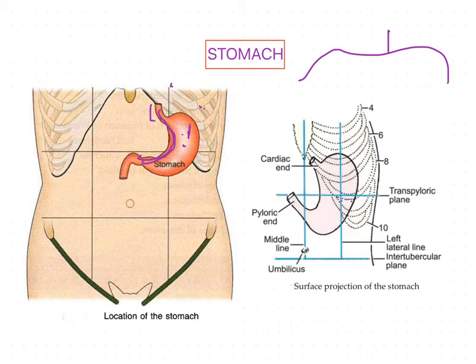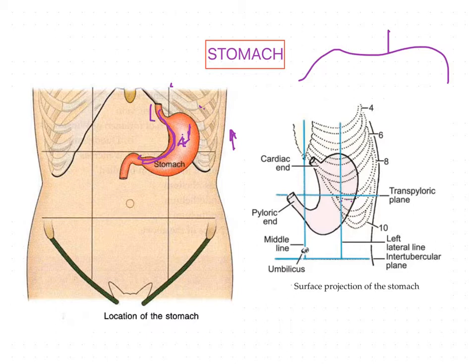That means this part of the stomach becomes superior and the opposite side becomes the inferior surface. The anterior or antero-superior surface faces forwards and upwards, whereas the posterior surface faces backwards and downwards.